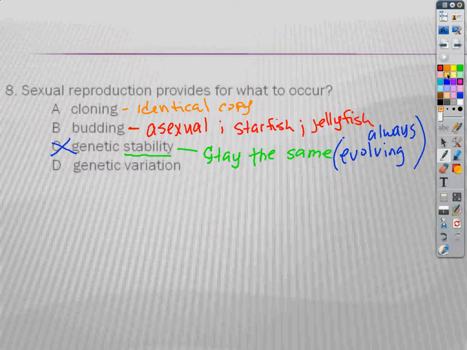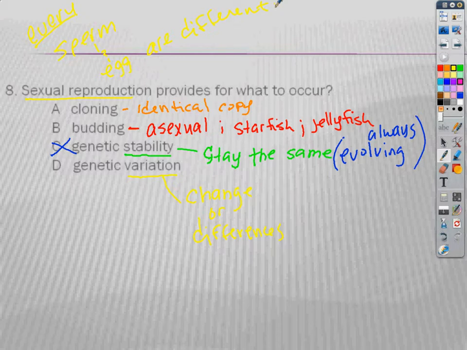This allows for change or differences. And so through sexual reproduction, we get variety because every sperm and egg are different for the most part.